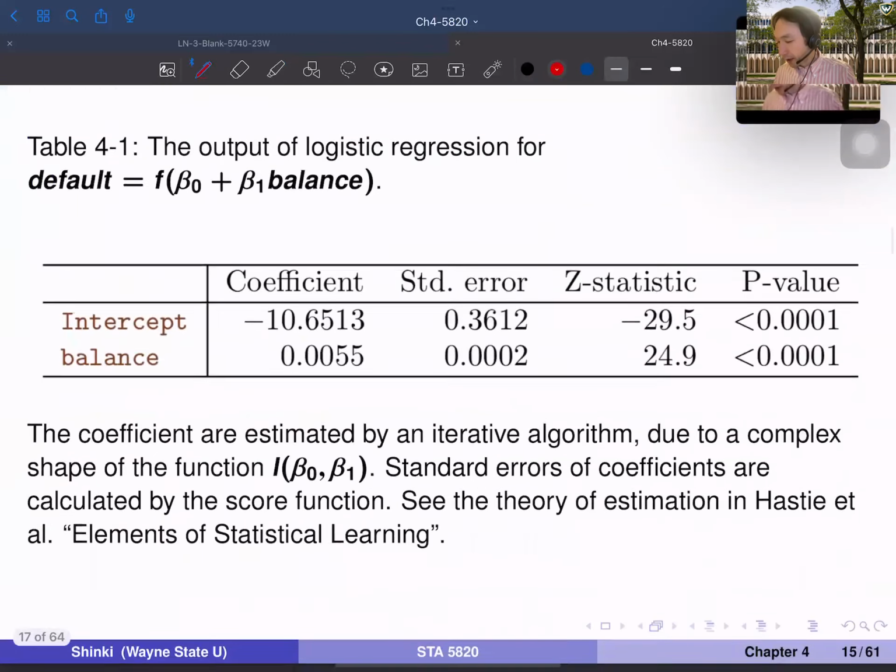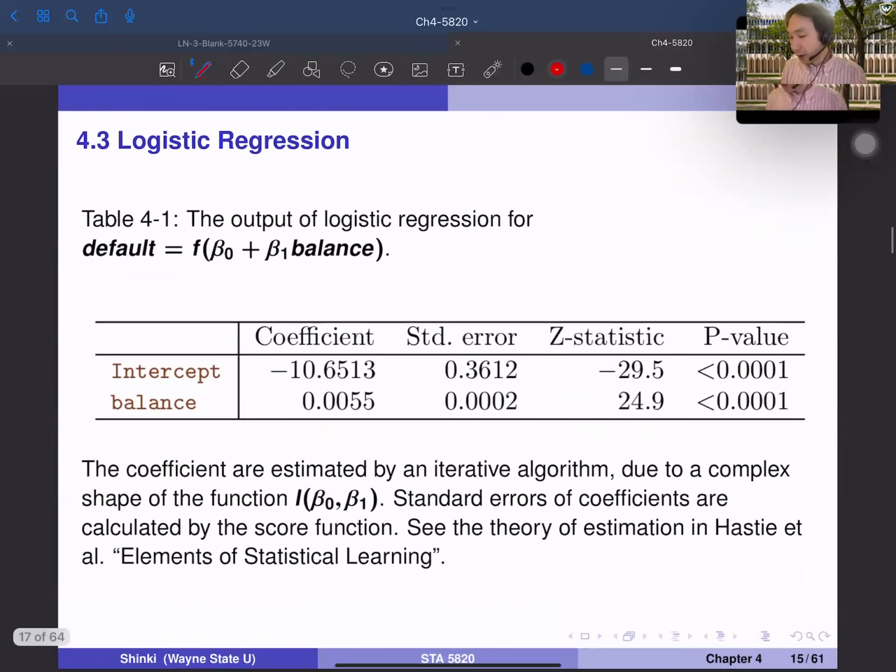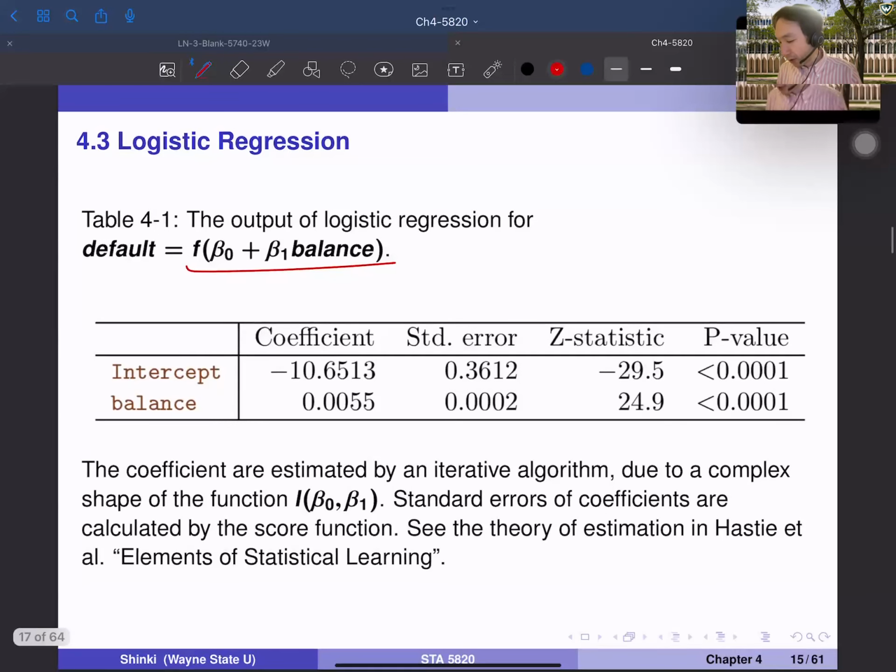Okay, and this is one example of estimation. So we formulate this by the logistic regression. Then we got the estimate of beta naught equal to negative 10.65 and the estimate of beta 1 as 0.005. So that means the larger balance.